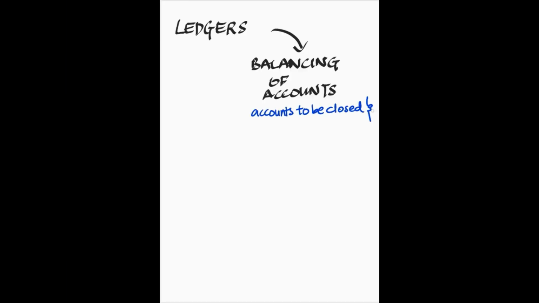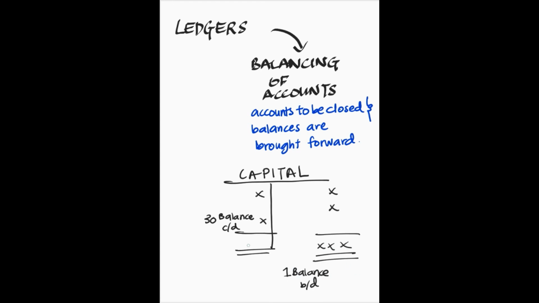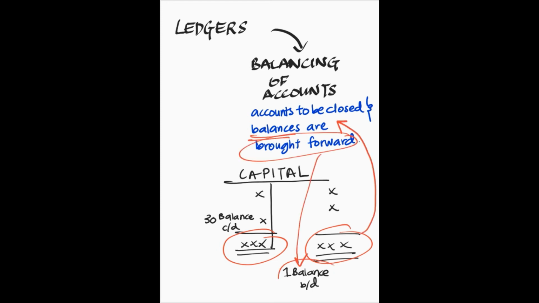Balancing of accounts is accounts to be closed and the balances are brought forward. As you can see, the last day of the month, which is the 30th, is when the account is closed. Then, we have the balanced debit and credit side. After that, the balances are brought forward to the first day of the second month.